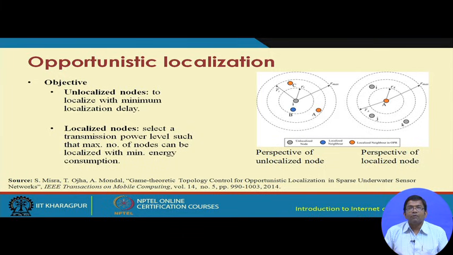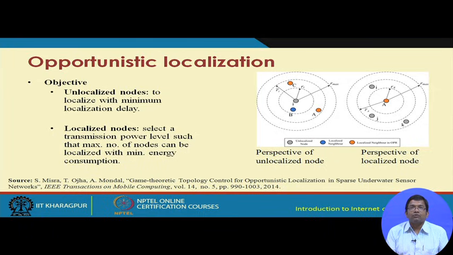For this, we vary the communication range, the transmission range of the nodes, and the problem is to maximize the number of other nodes which can be put within the transmission range of a particular node.